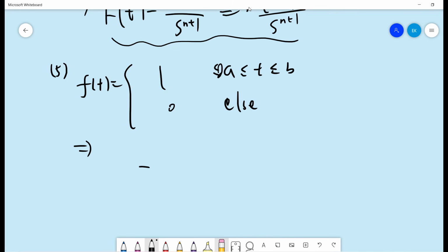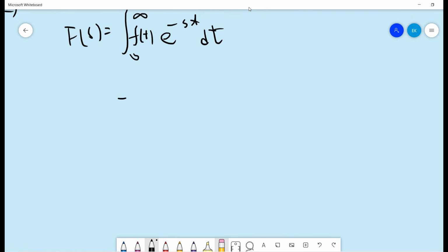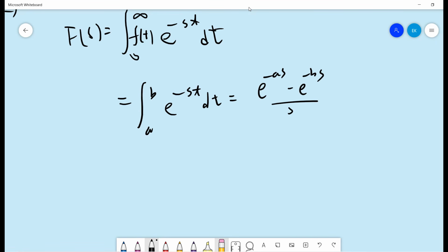It tells us that f of s is just the integral from 0 to infinity of this one, f of t. So let's go with a, b. Yeah, so this is exponential minus a s minus exponential minus b s, over s. Okay, that's it.